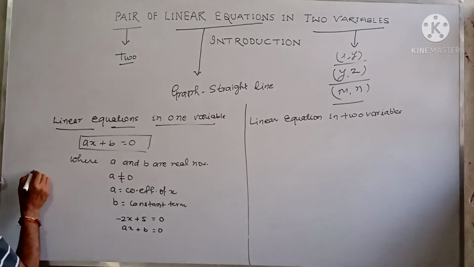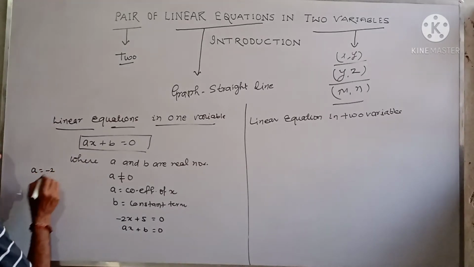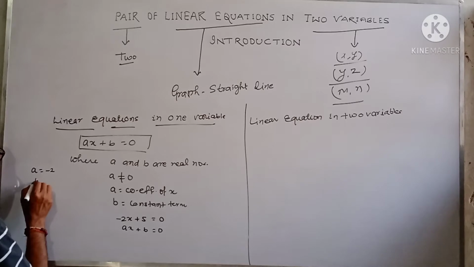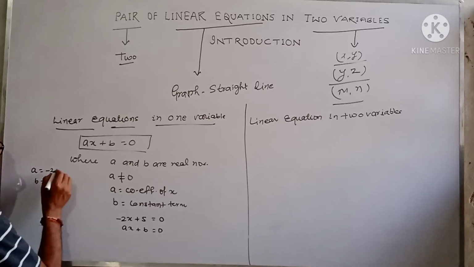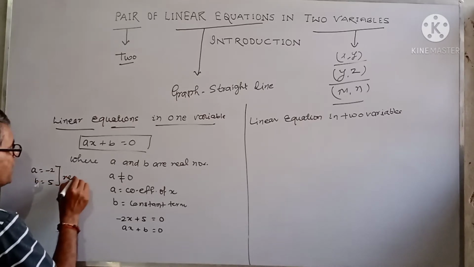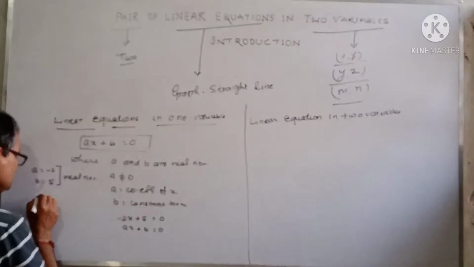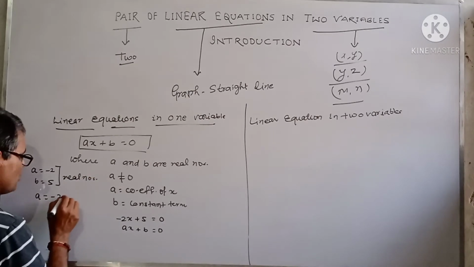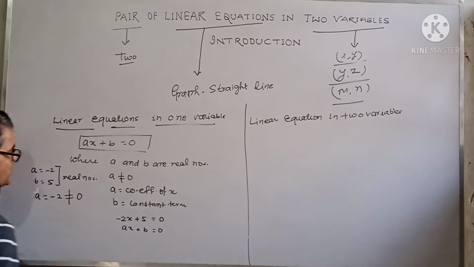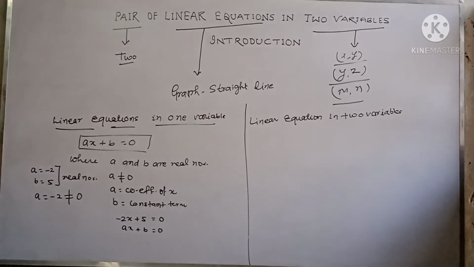You see a is equal to minus 2, b is equal to 5, and both are real numbers, and a is equal to minus 2, which is not equal to 0. Hence this equation satisfies the condition of linear equation in one variable.